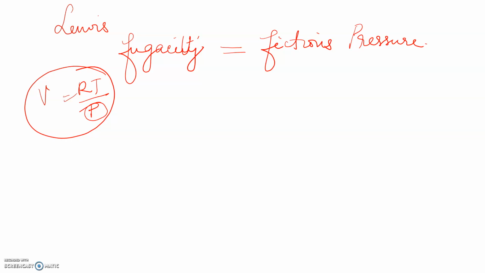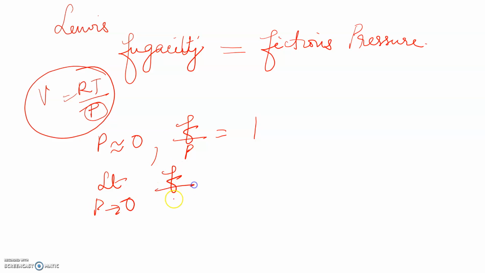And this fugacity is a new function which is proposed based on the assumption that at very low pressures, that is when P approaches 0, then fugacity and pressure are equal, or f by P is equal to 1. So what is fugacity? Fugacity is a sort of fictitious pressure such that limit P tends to 0, f by P, fugacity by pressure, is equal to 1.